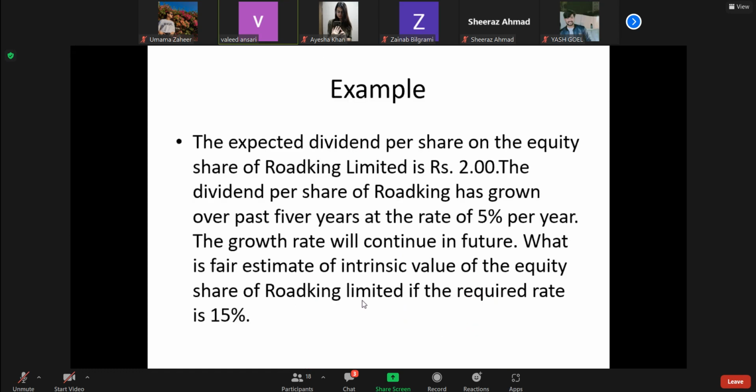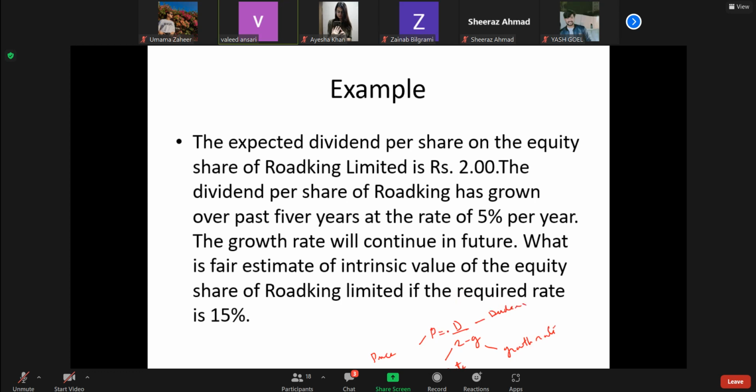So let us go further and try to understand with an example. Now, when I say that the price of equity is D1 divided by R minus G, you see that this is the price of a stock, this is the discounting rate, this is the growth rate of dividend, and this is the dividend in year 1.